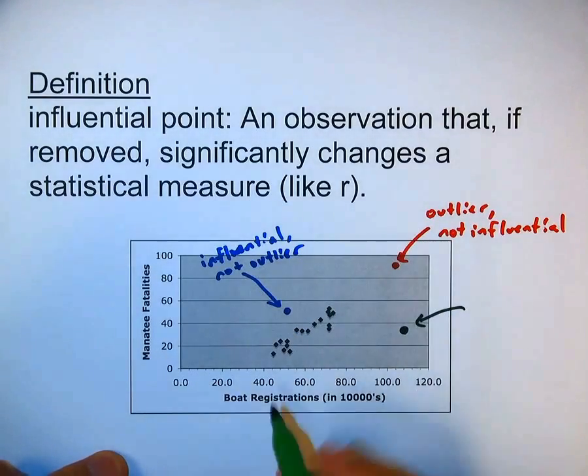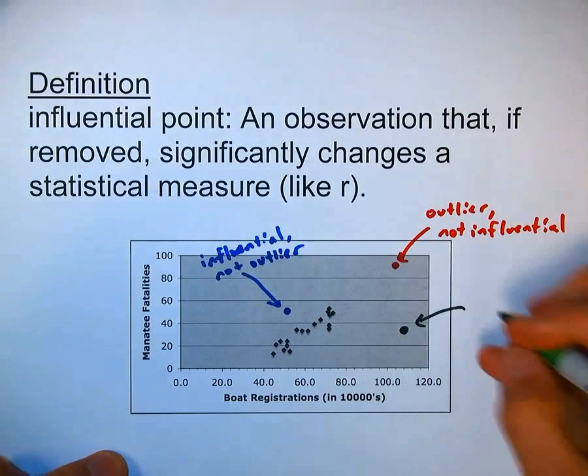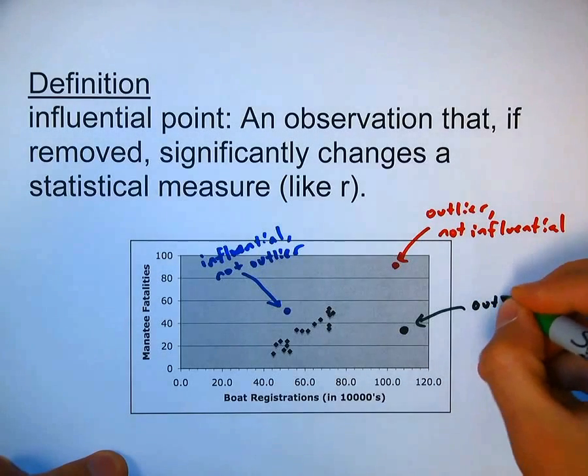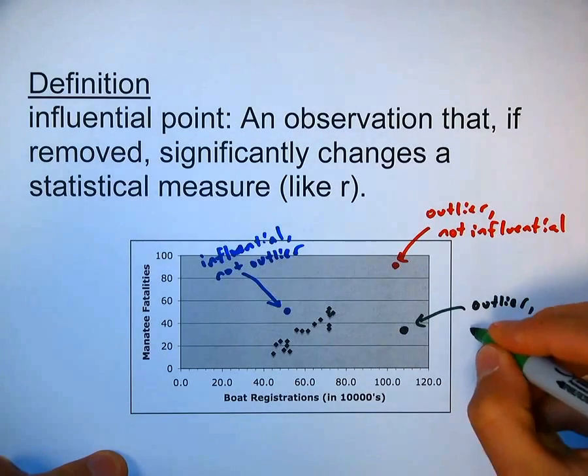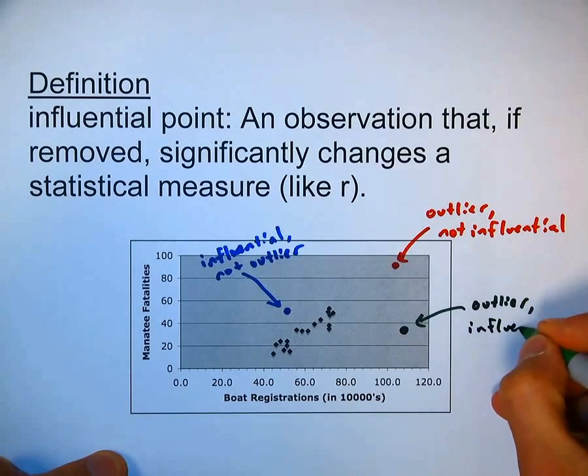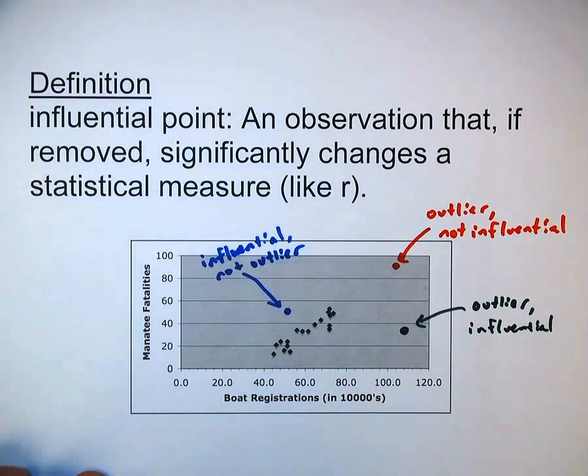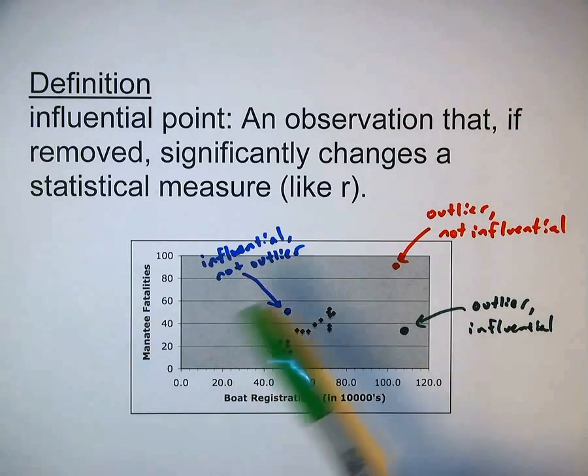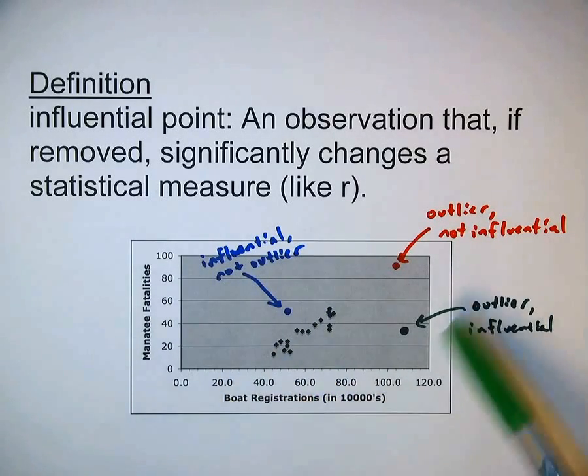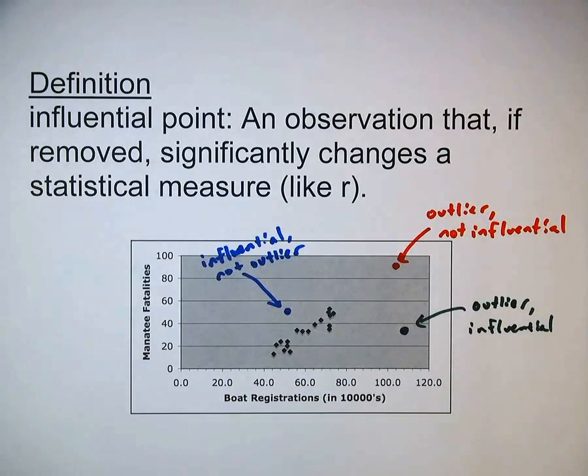And this is also an outlier because it has an extreme x value. So this is outlier and influential. So that's just a relationship between looking at both influential points and outliers. All right, so that's been the tutorial on influential points and outliers. Thanks for watching.